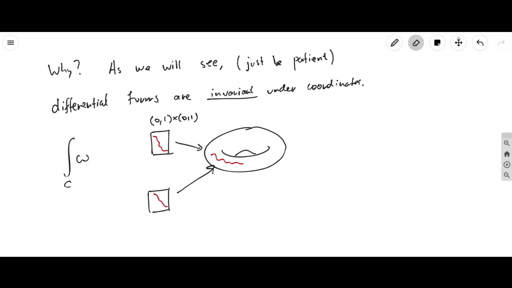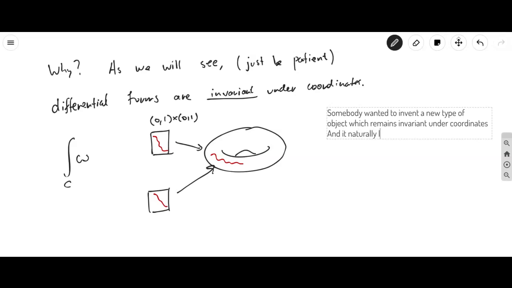And I believe this is exactly the motivation that led to the development of differential forms. Historically, you did not have a mathematician who just made this up. Historically, what happened is that somebody wanted to invent a new type of object which remains invariant under coordinates.